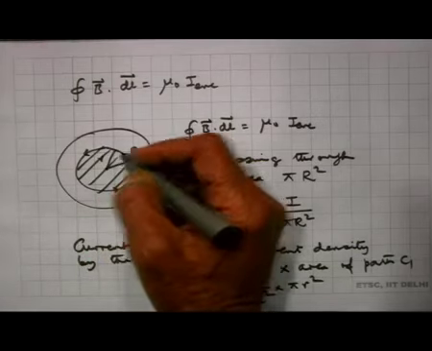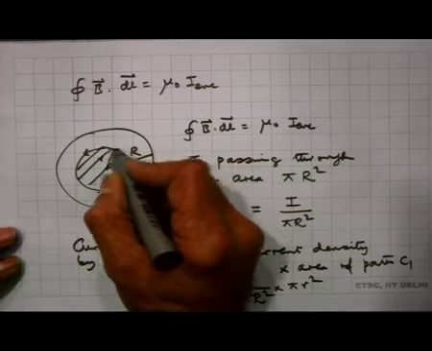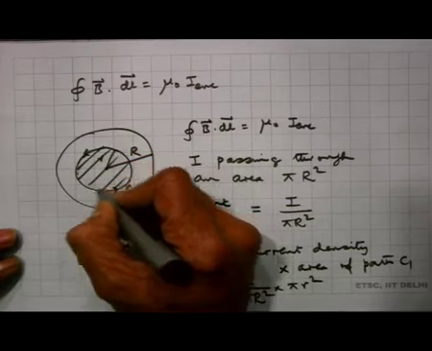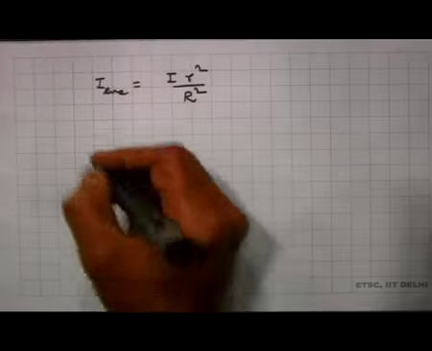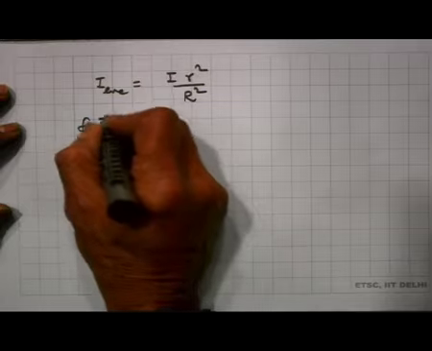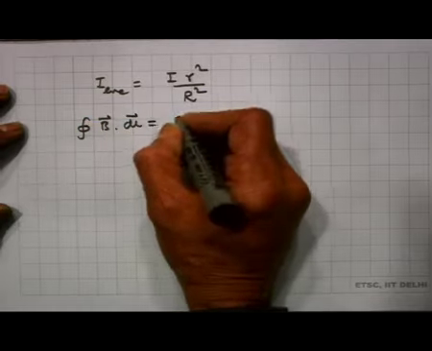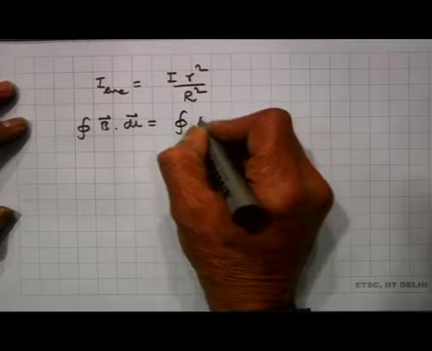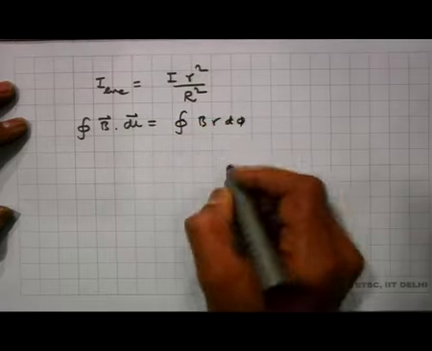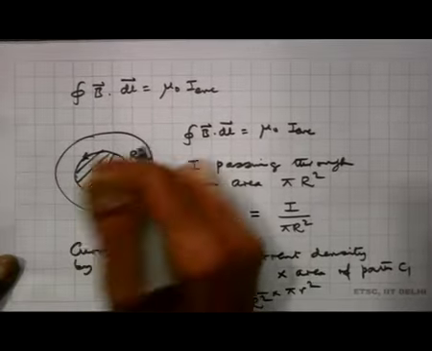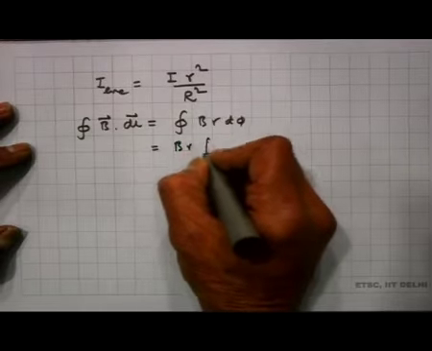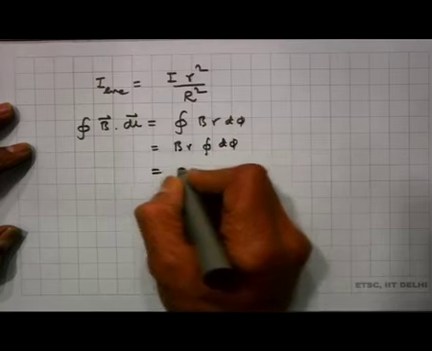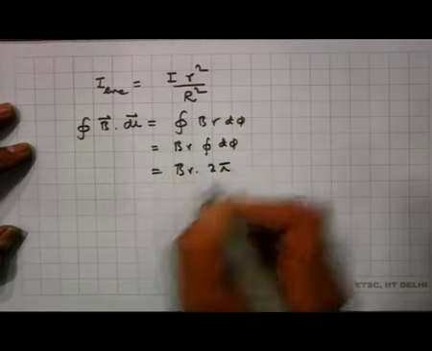Now, as I told you, the symmetry arguments tell me that the magnetic field is along the circular arc. So, the integral of B dot dl will be equal to the integral of B r d phi, and because B is independent of the angle, it is the same at every point. This is nothing but B times r times the integral of d phi, which is B times r times 2 pi.